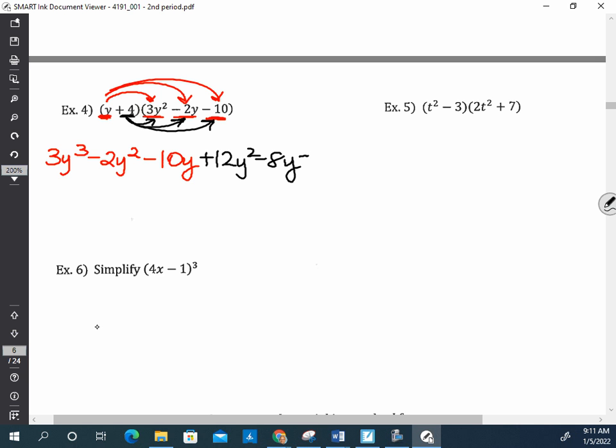And then minus 40. So the 3 parts in red, we distributed the y. The 3 parts in black, we distributed the 4. Any questions before we finish the problem? Yes. That's correct. If you're not taking a variable times a variable, the exponent doesn't need to change.